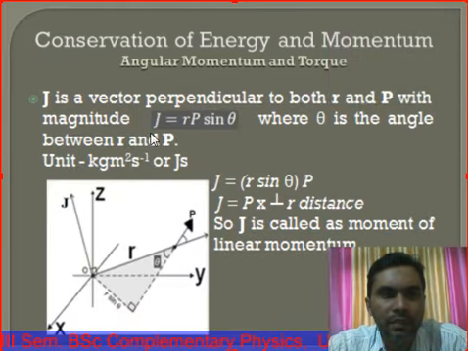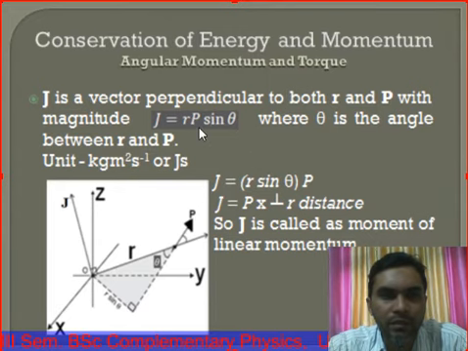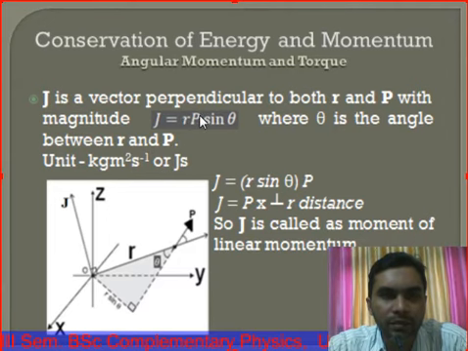Here we can see that the angular momentum has a magnitude J is equal to rp sine theta. If theta is the angle between the position vector and velocity, r cross p will have a magnitude of rp sine theta. And the unit of angular momentum: here the unit of position will be meter, and linear momentum will be mv, which means kilogram meter per second.